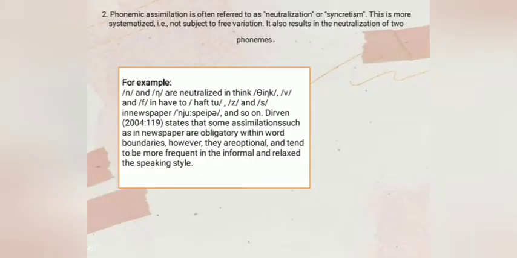Second, phonemic assimilation is often referred to as neutralization or syncretism. It is more systematic, i.e., not subject to free variations. It also results in the neutralization of two phonemes.